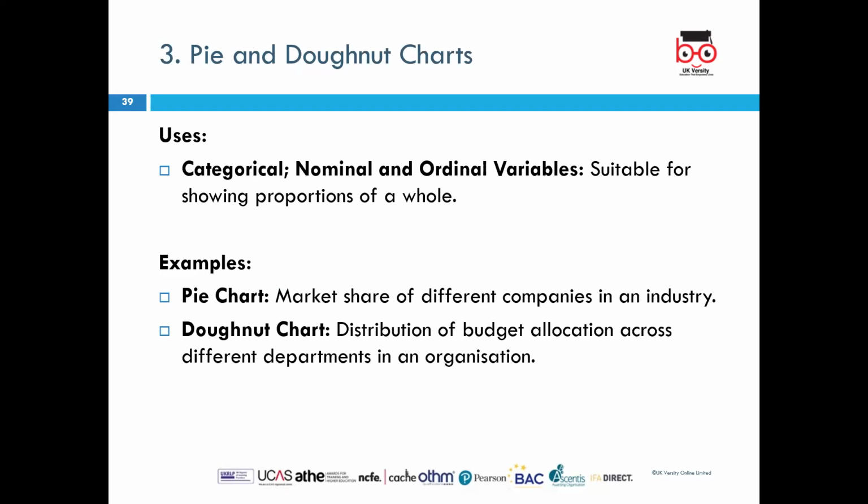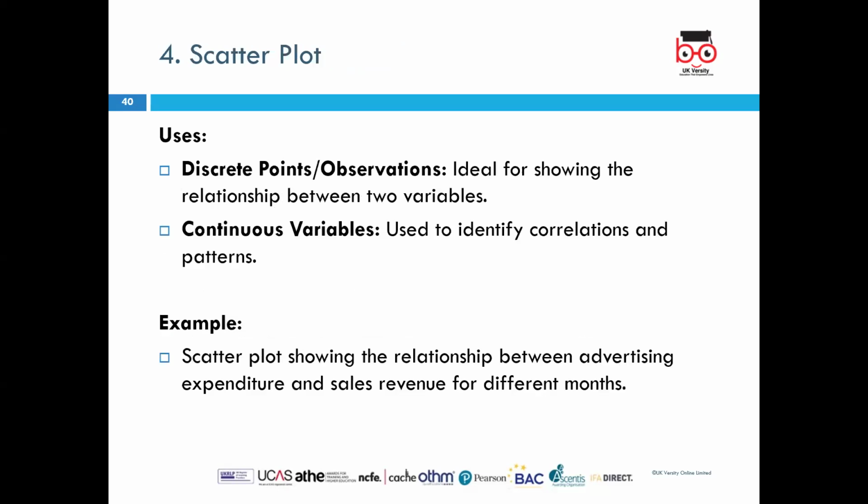Pie and donut charts. These are now suitable for showing proportions over the whole. Examples for pie chart is when we're looking into market share of different companies in our industry. While with donut chart, this is the distribution of budget allocation across different departments in the organization.